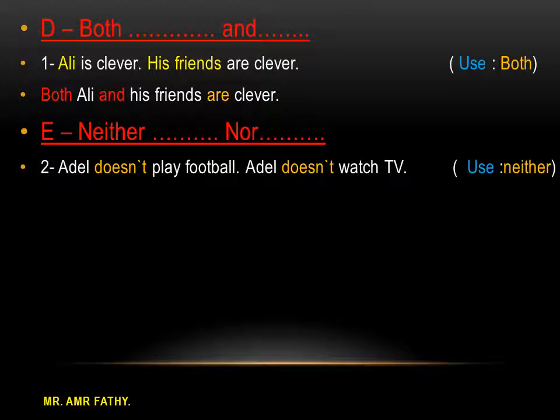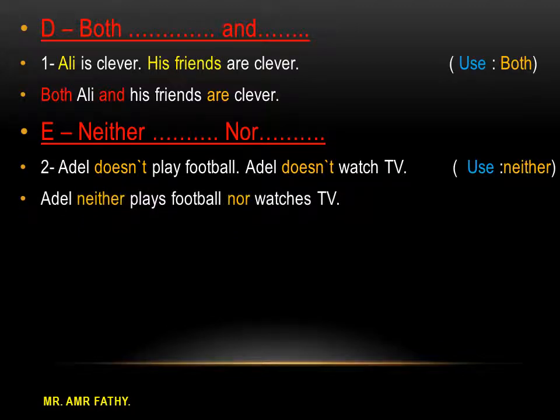Also, look at number E. We can use neither nor to express addition. Example: Adil doesn't play football, Adil doesn't watch TV. Use neither nor, meaning he neither played football nor watched TV. So the sentence will be like this: Adil neither plays football nor watches TV.